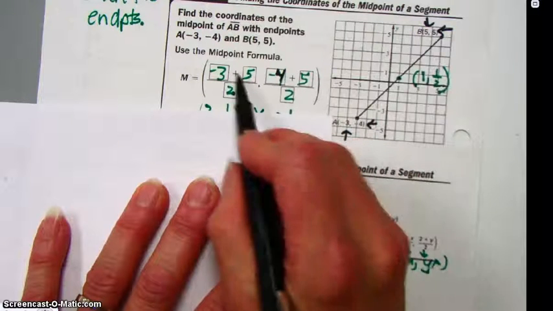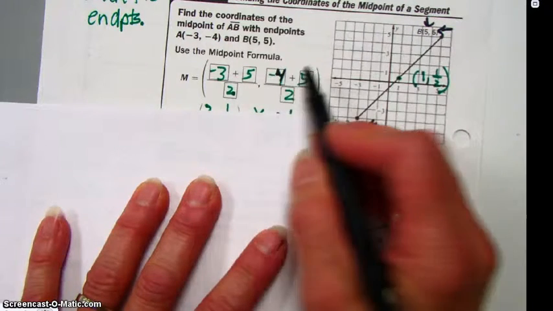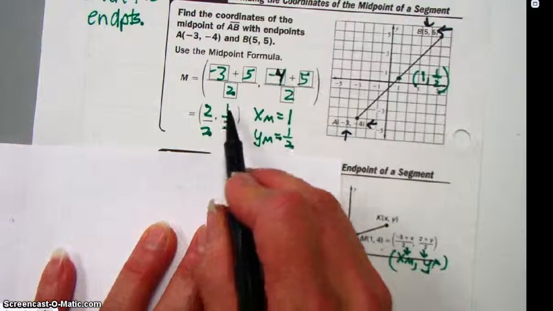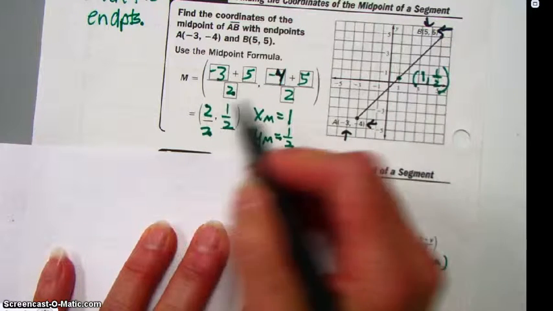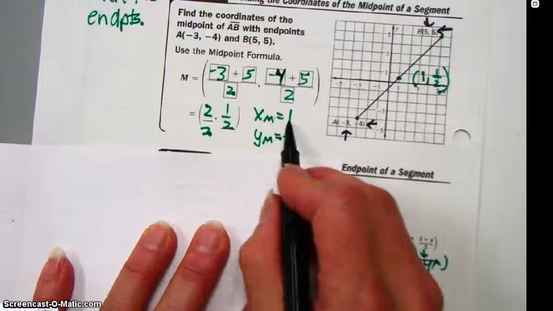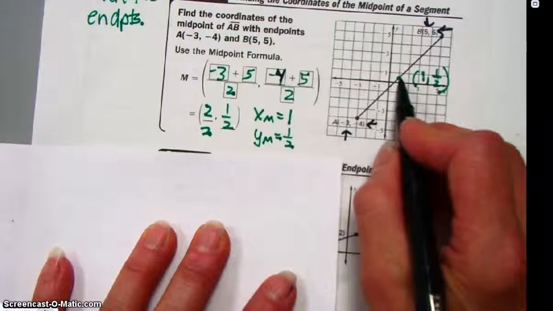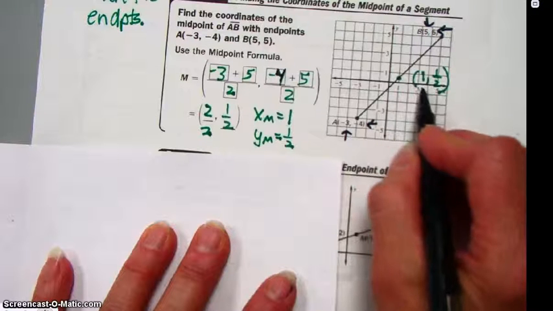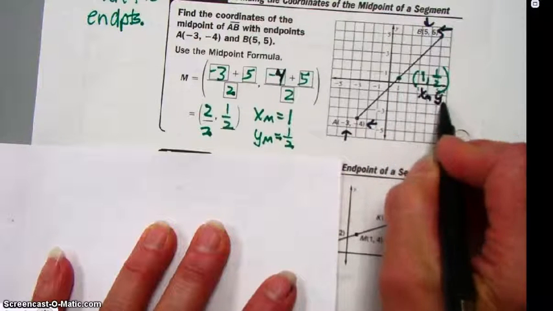So we're finding the mean of the x's and the mean of the y's. So that produces 2 over 2, comma, a half. But 2 over 2 can be written as 1, because anything over itself is 1. So you can locate it if you graph it. You can go right 1, up a half, and there is x sub m, y sub m.